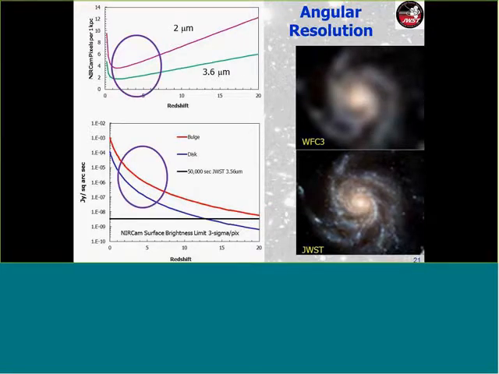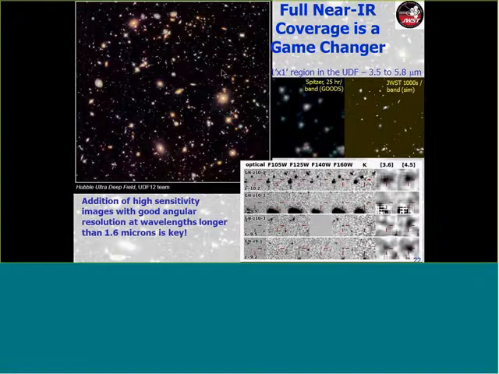So particularly in the galaxy assembly program, thinking of sort of z of 2 to 7, HST has given us samples of galaxies there, but this is where we're really going to begin to understand structures, the development of structure, and so on. And the fact that we're going to have full near-infrared coverage with high spatial resolution is really going to be a game changer.